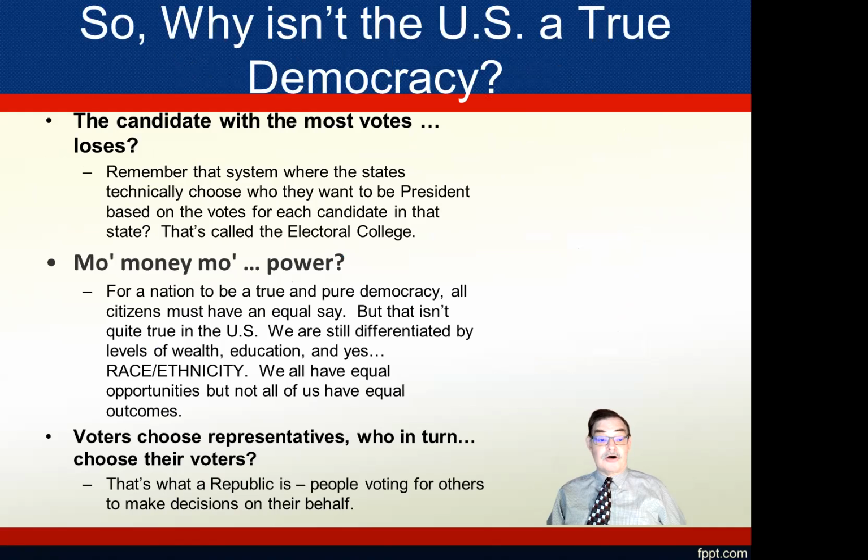Okay, so why isn't the United States a true democracy? Well, first, in the United States, the candidate with the most votes can lose for president. Remember that we have a system where the states technically choose who they want to be president. It's called the Electoral College. And that's based on the votes for each candidate in that state.